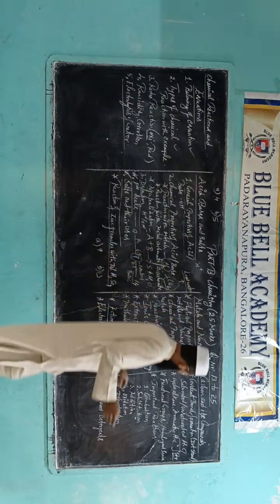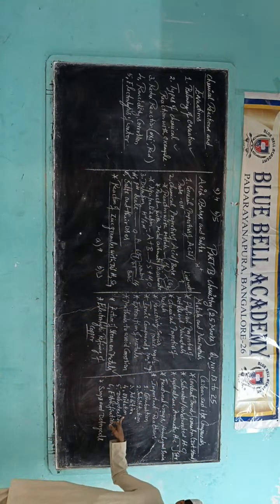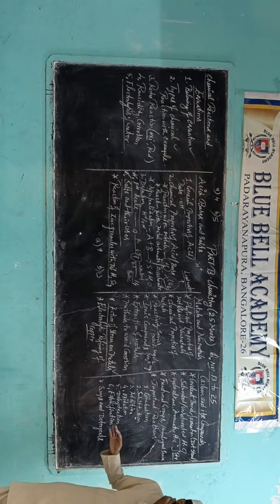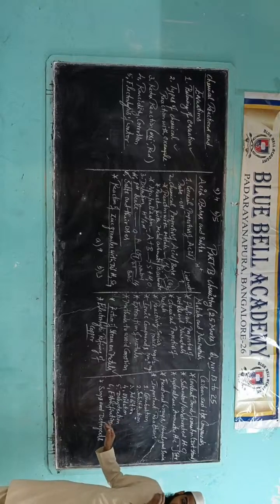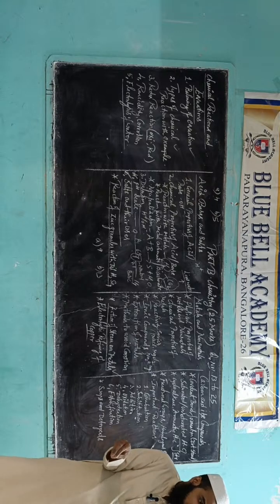Okay, the next one here, oxidation. Here two things you have to learn: what is an oxidation reaction and what is an oxidizing agent? A chemical substance which is used to add oxygen is called an oxidizing agent.